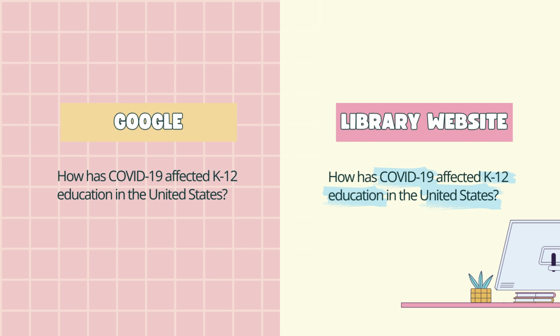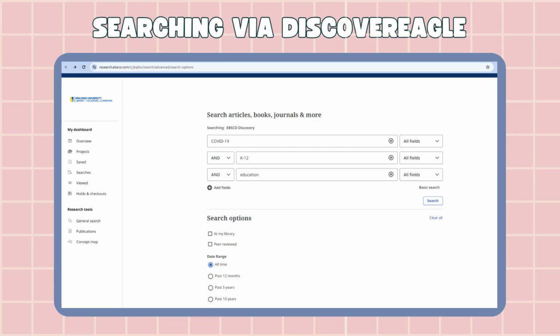So I'm going to return to advanced search and put these keyword terms that I've chosen in each of these boxes. We'll start with COVID-19, then we have K through 12, and we have education. I'm saving that United States keyword to use as a filter a little bit later, and I'll point that out when we do that later. So I have put one word in each box.